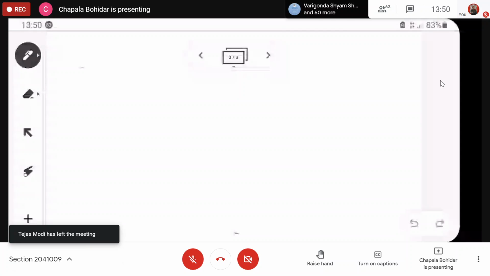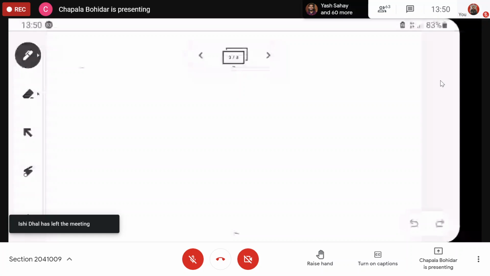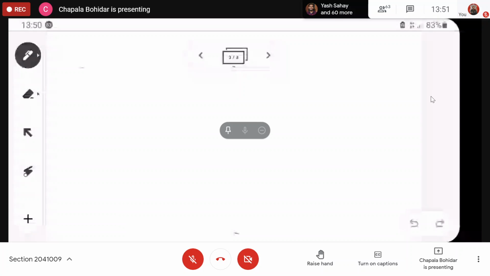The numerator is 4x square into 81 minus x square.